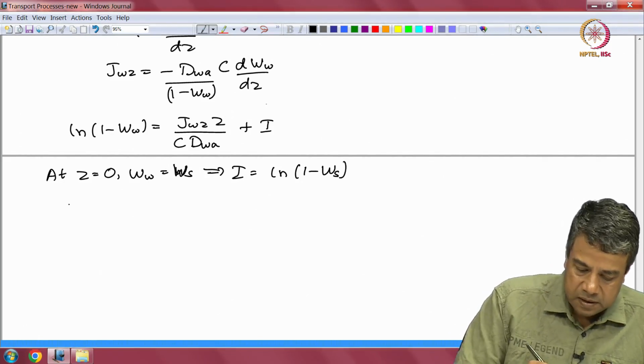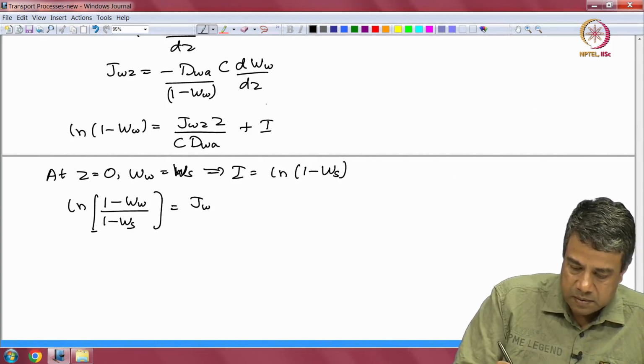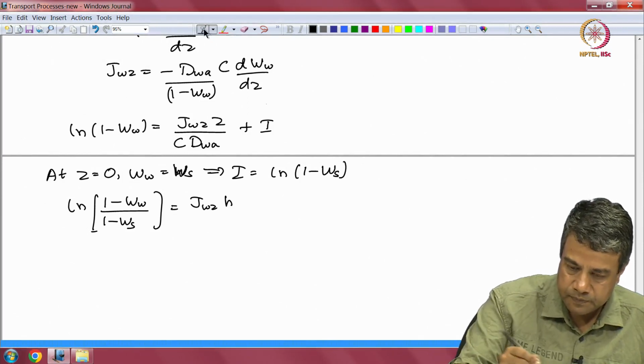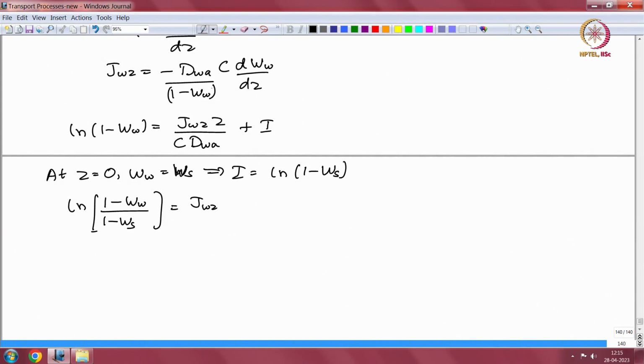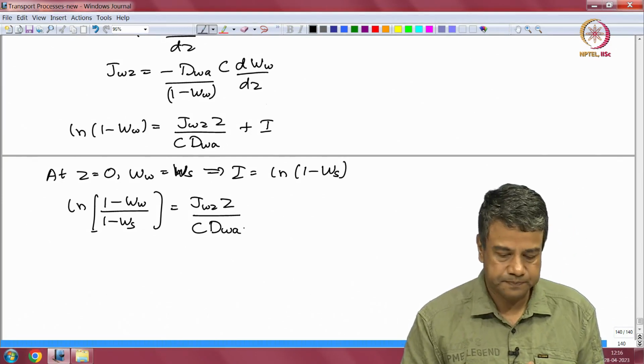So, I get the logarithm of (1 minus WW) by (1 minus Ws) equal to JWZ Z. This is the equation for the flux.